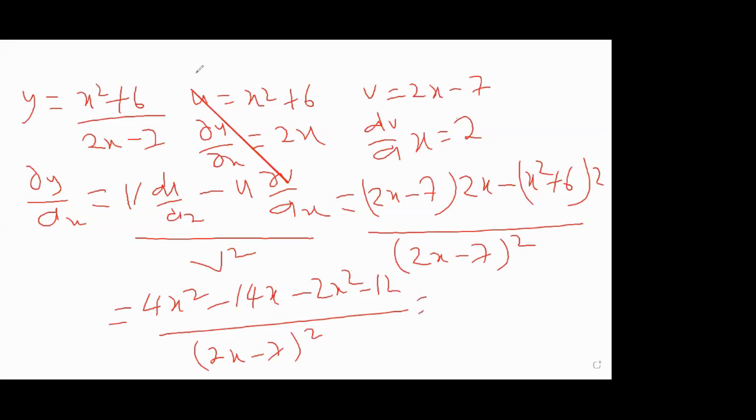Then what we can do here, if we add this and this together, we are going to have 2x squared minus 14x minus 12 all over 2x minus 7 all squared.